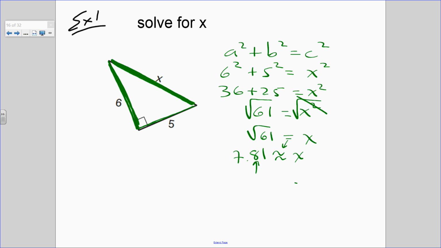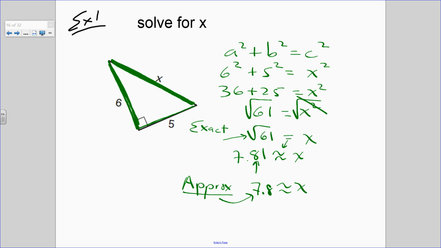So x then is approximately 7.8. So this is my approximate answer. I'm going to abbreviate approximate. My exact solution was right here, the square root of 61.